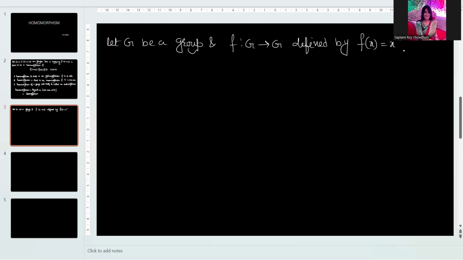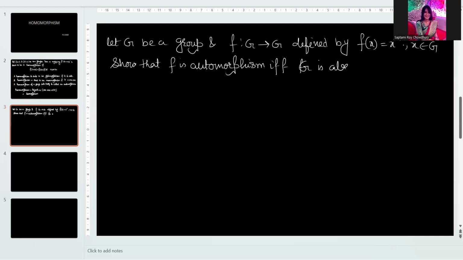What you have to show is that f is an automorphism if and only if G is abelian.